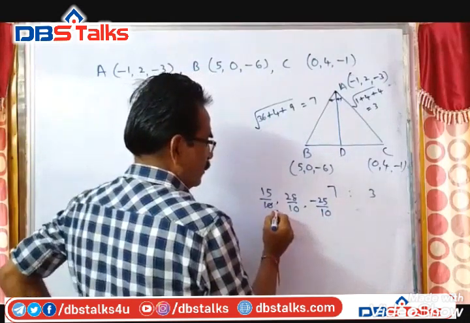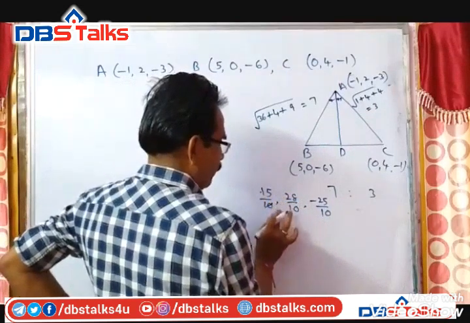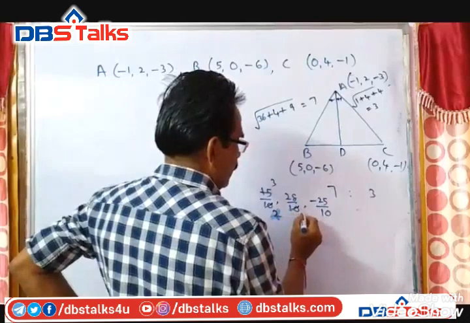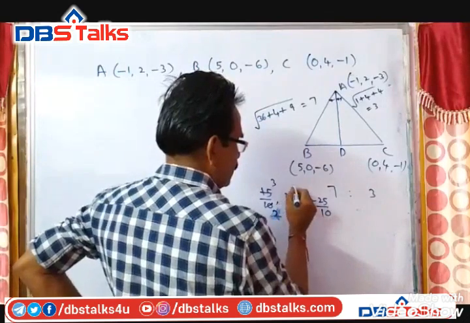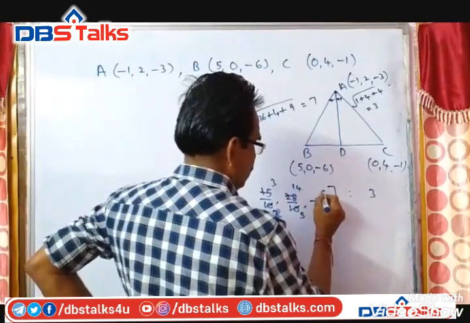So, simplifying: 5 twos, 5 threes, 2 5s, 2 14s, 5 2s, 5 5s.